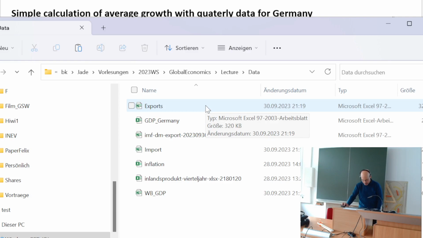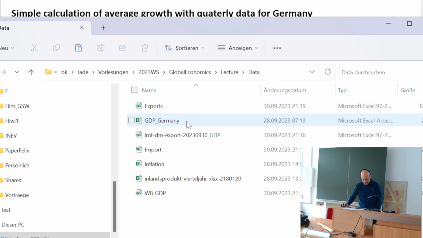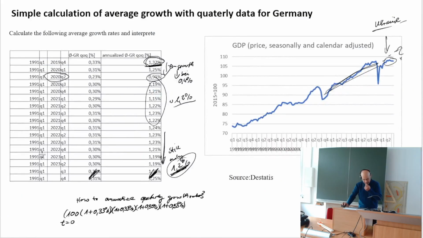Data, inflation. Then we will download the numbers. Okay, so we started with economic growth, and you should be careful when you are averaging here to get some statement about what would be the long run average growth.